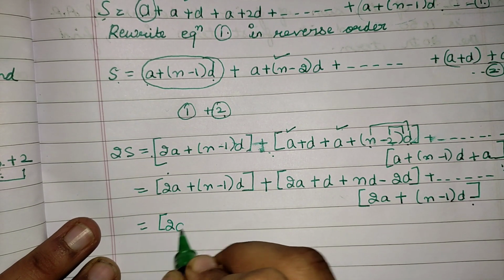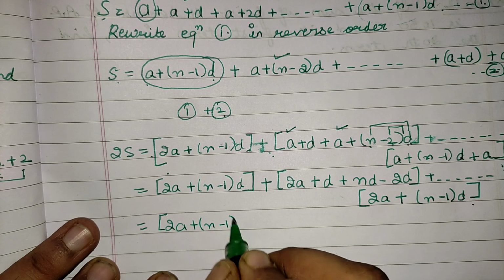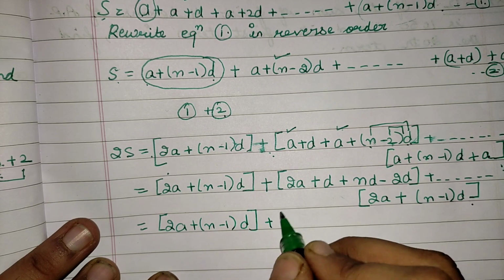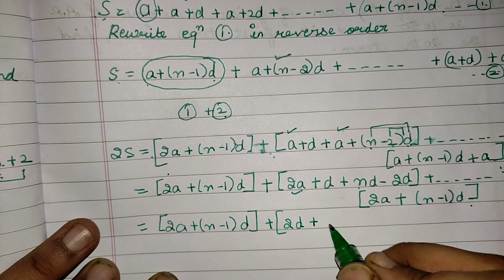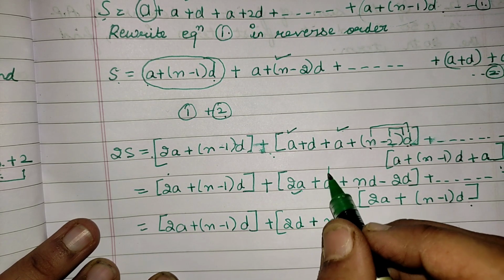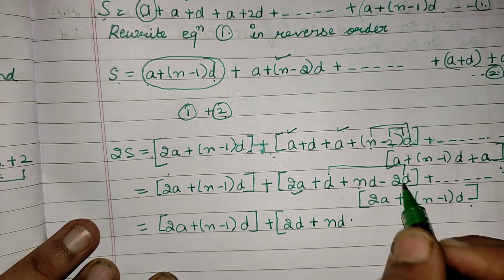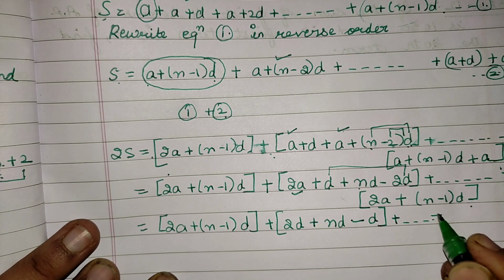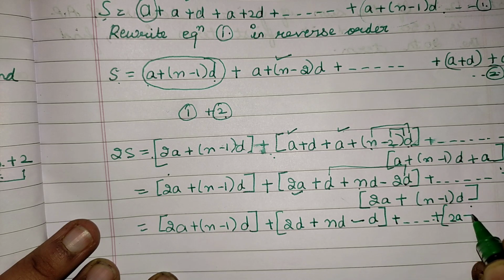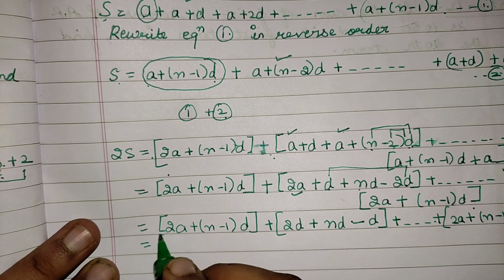So after solving this value, what can I get? I can have that this is 2a plus this will be nd and this will be, after solving, d minus 2d, which will be minus d, and I can write it as 2a plus n minus 1 into d.